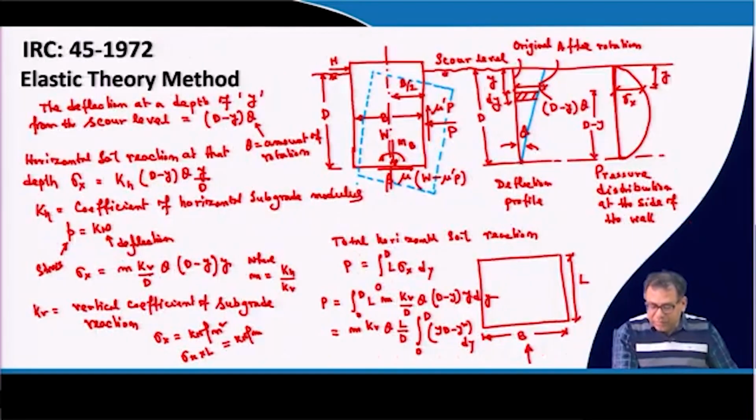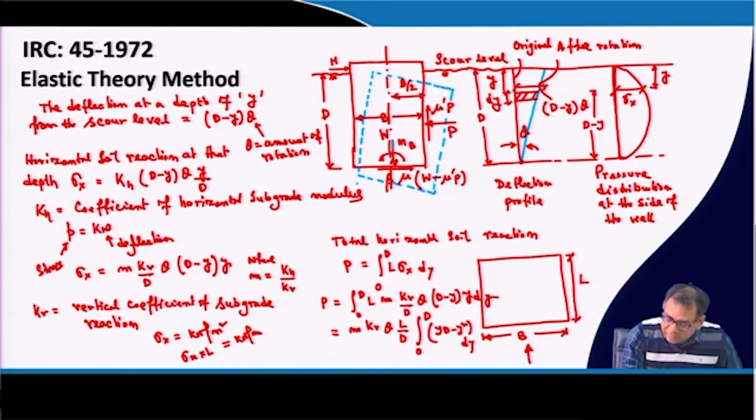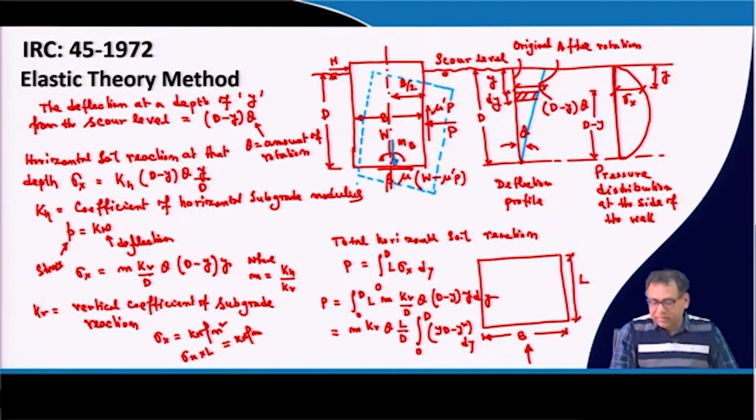What are the vertical forces? W is acting in the downward direction and mu dash p is acting in the upward direction. These are the only two vertical forces. Both are in opposite directions.